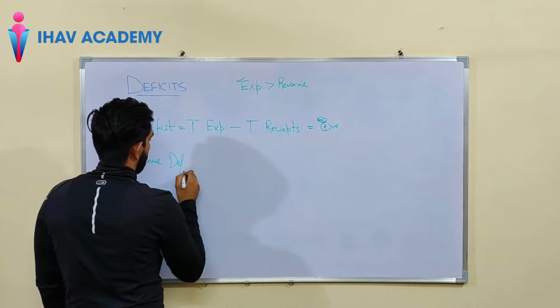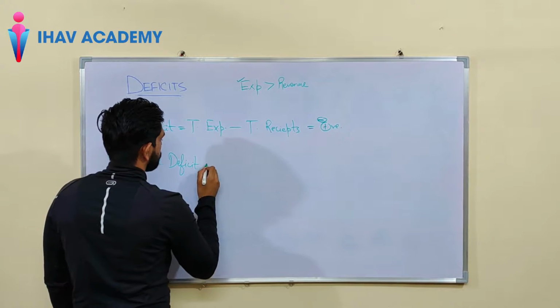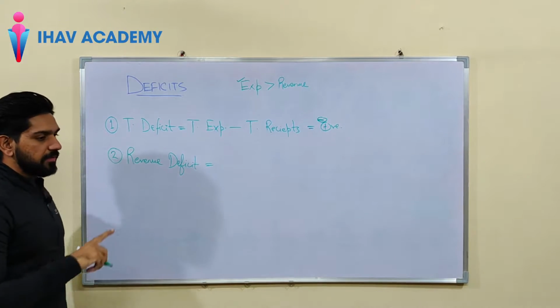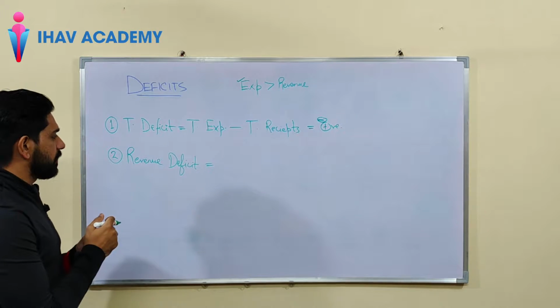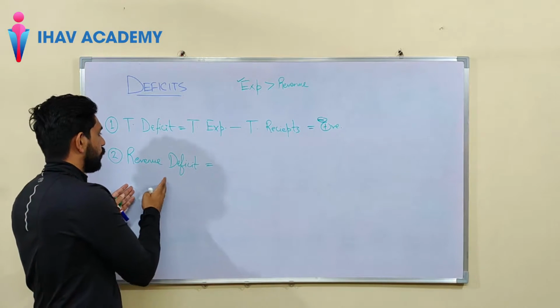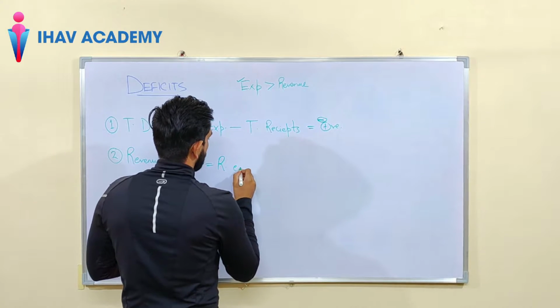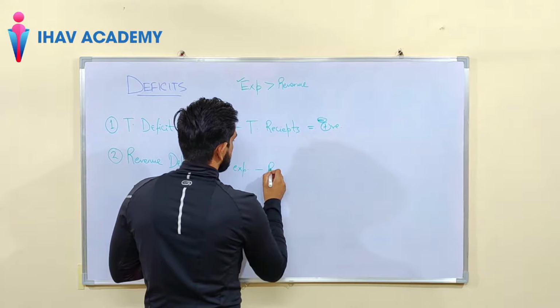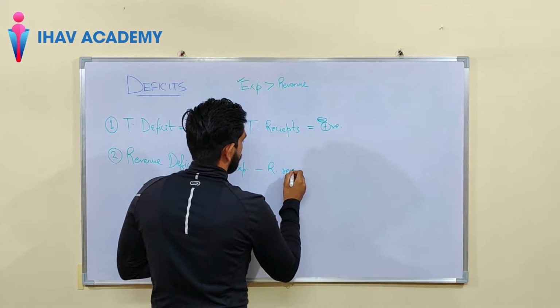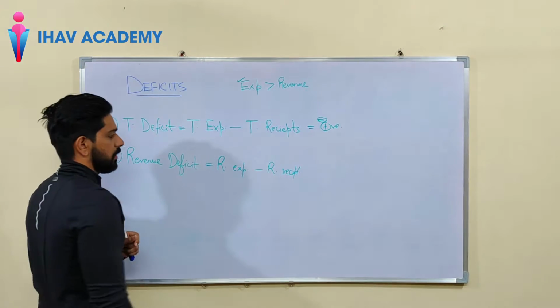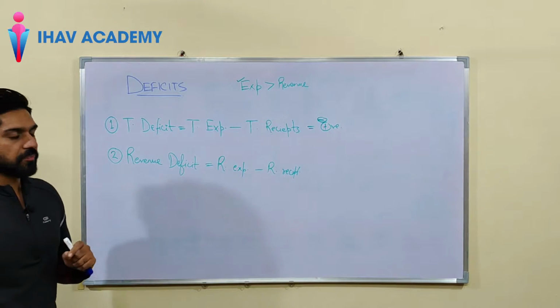Now second, the revenue deficit. Now in the previous class, in the last few minutes of the class, I told you about revenue deficit. It is the revenue expenditure minus revenue receipts. Understood?